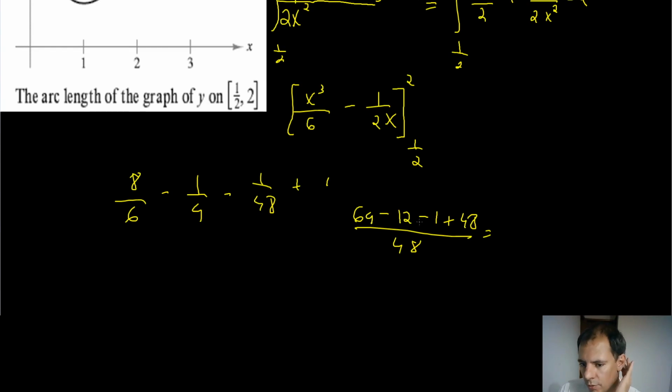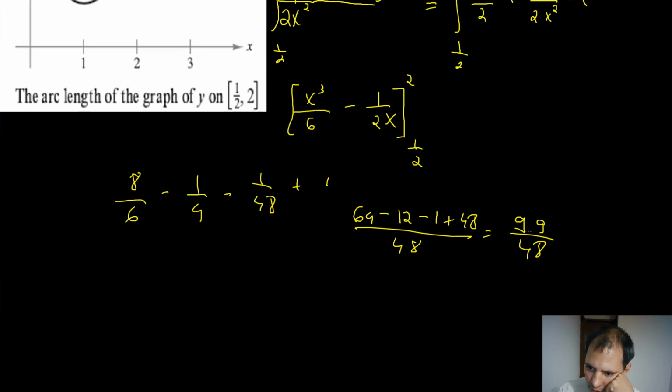So 64 minus 13 is going to be 51, right? And a 51 plus a 48, it'll be 99 over 48. Yeah.